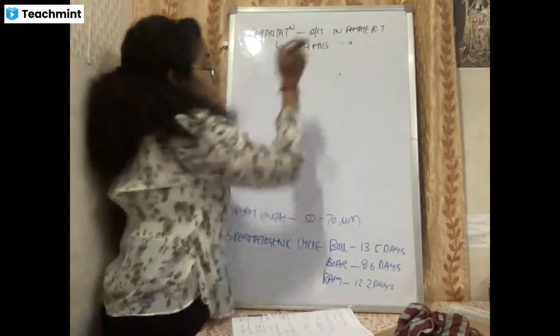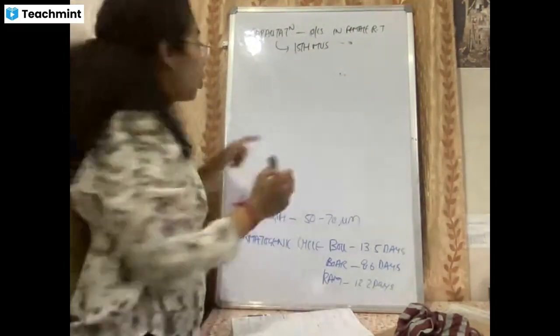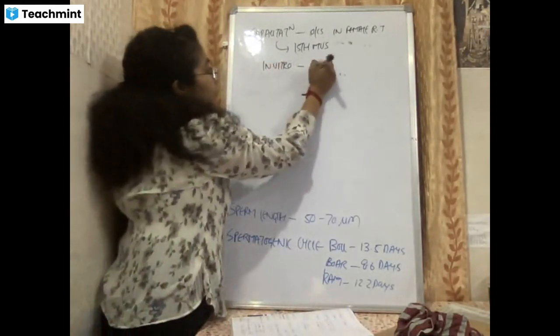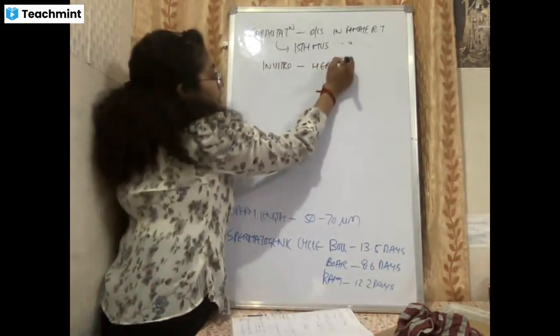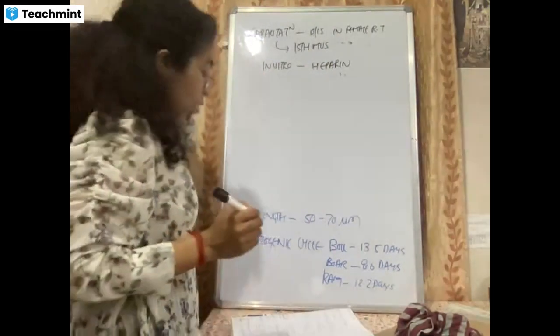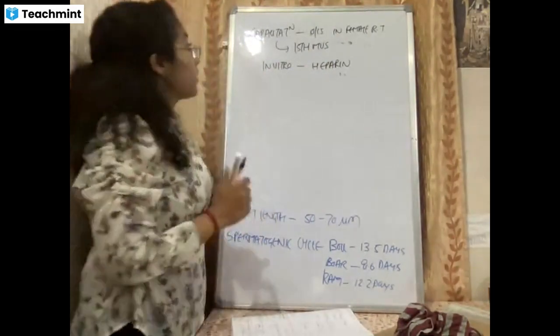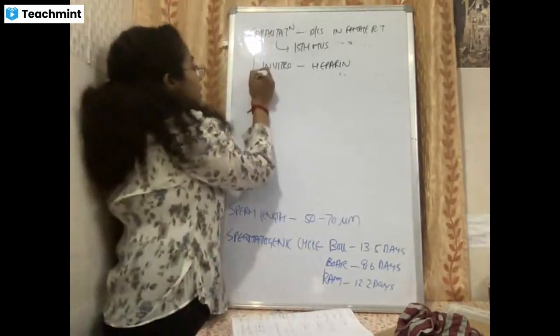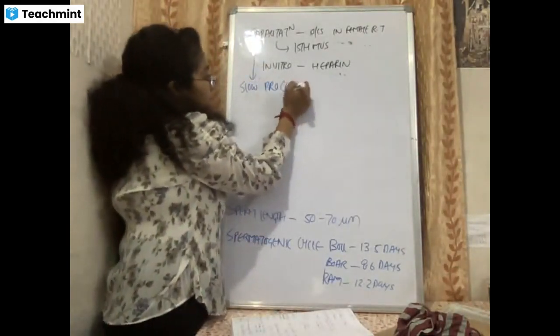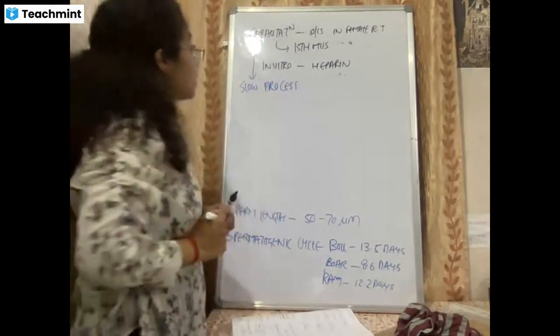In vitro, capacitation is done with the help of heparin. Heparin is used for in vitro capacitation. And one more point: capacitation is a slow process.